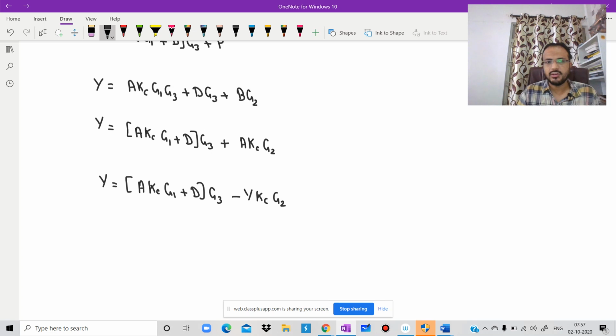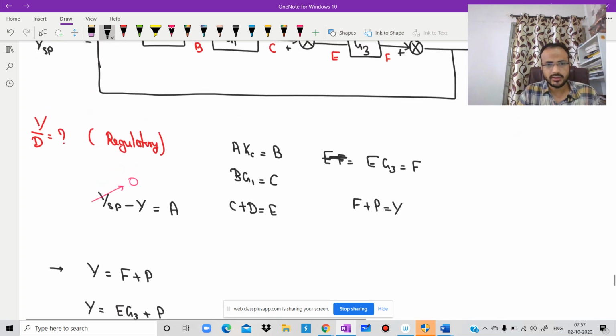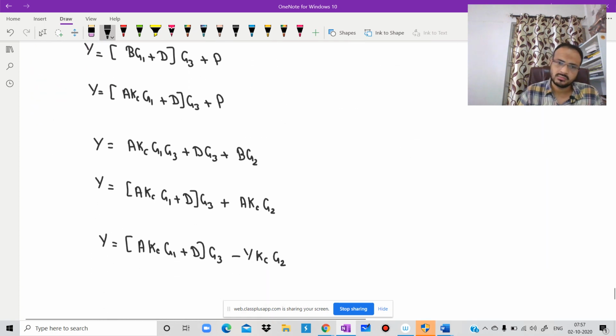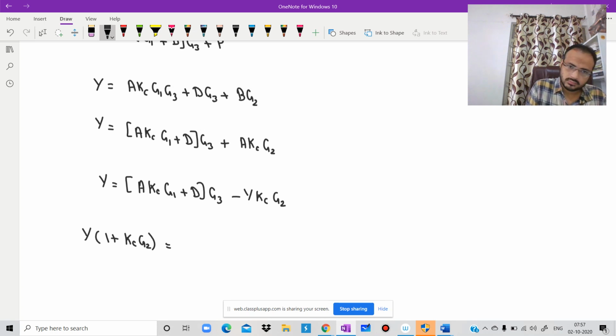At the place of A is equal to minus of Y is equal to 1 plus Kc into G2, A into Kc G1 G3 plus D G3.